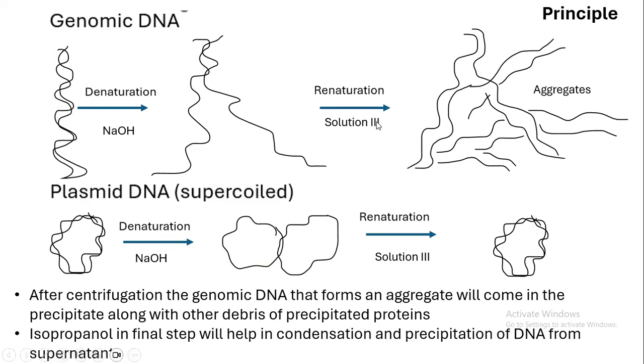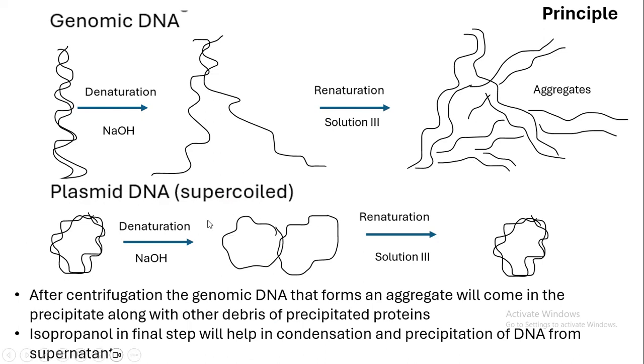On addition of solution 3, that is potassium acetate solution, the acidic conditions are restored. That leads to again conversion of the single-stranded denatured DNA to double-stranded. So during renaturation of the genomic DNA, since it is large and linear structure, a part of it renatures with its own double-stranded DNA, and part of the DNA renatures with other single-stranded DNAs that results in formation of a larger aggregate.